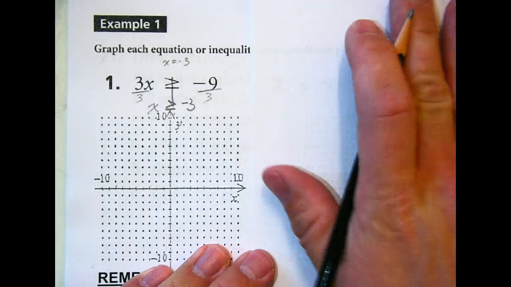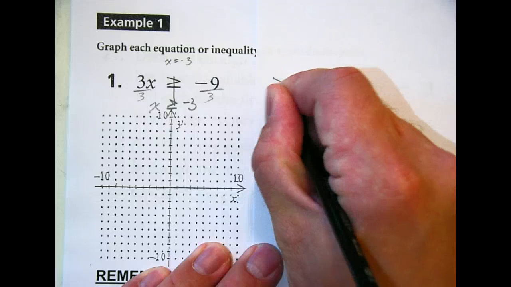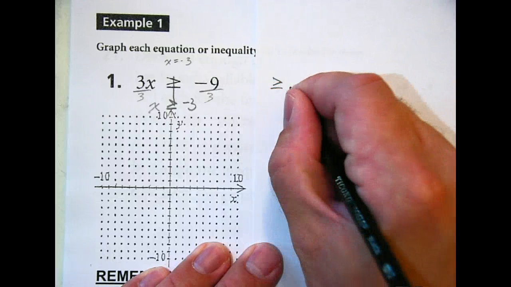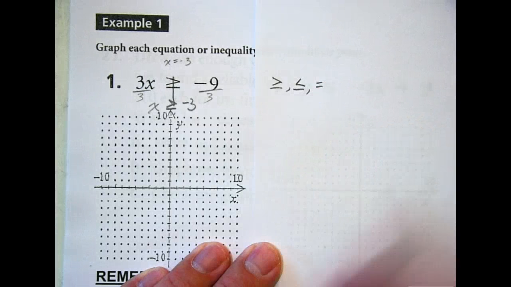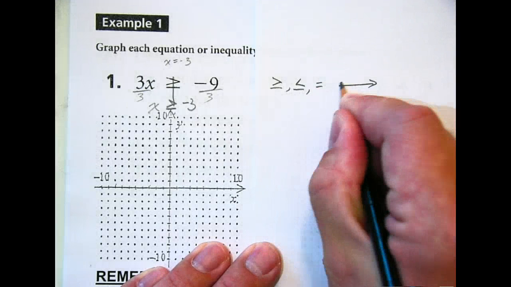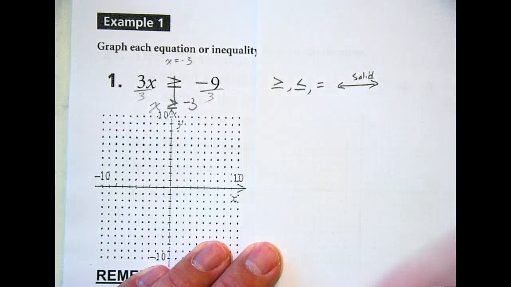Now recall this symbol here, anytime you have an equal to piece to it, that symbol there, or the equals, those are all solid lines. That means your solution can be any point on that line.